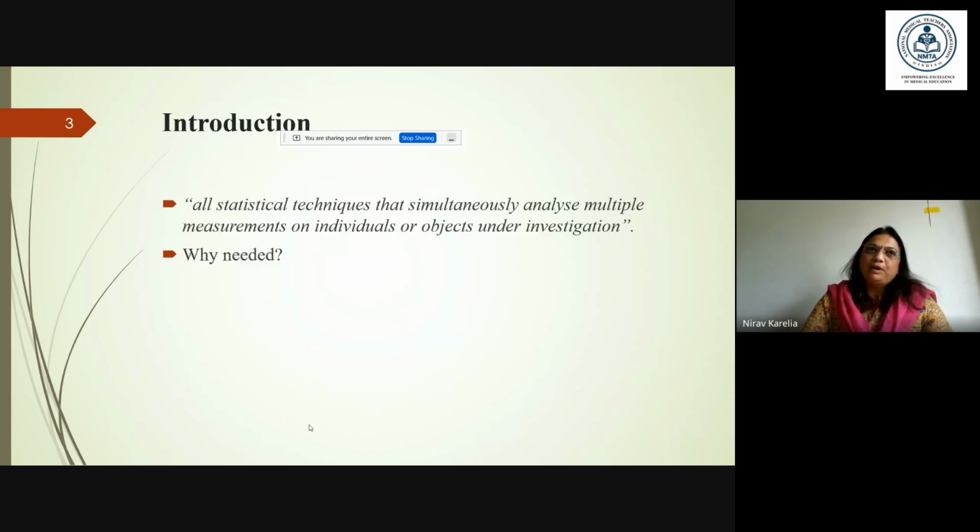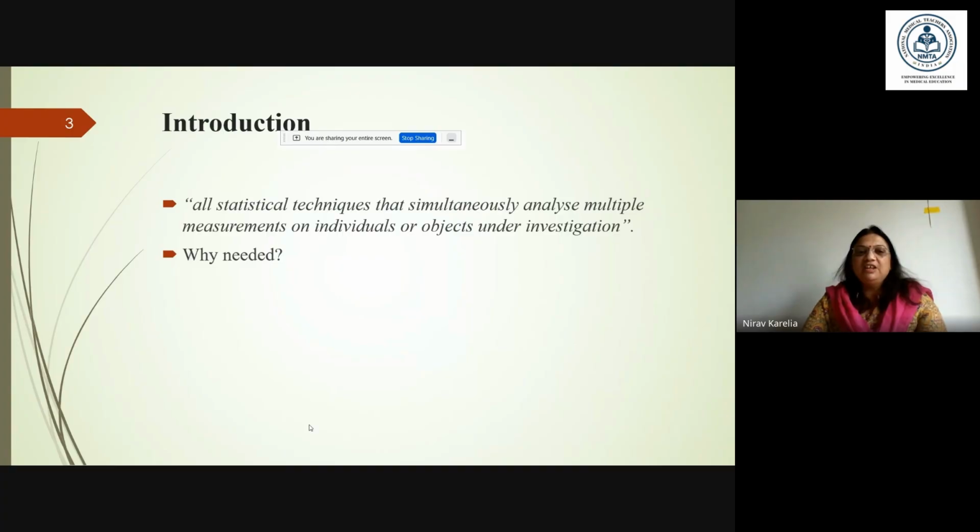Most participants will agree with me. Sharing my experience, when I did my MD research, we commonly found the mean, standard deviation, variance, confidence interval, then applied statistical tests like the t-test and chi-square test, and maybe some went further to ANOVA, but then we stopped. But today's era, with artificial intelligence and different statistical software available, is all based on multivariate analysis.